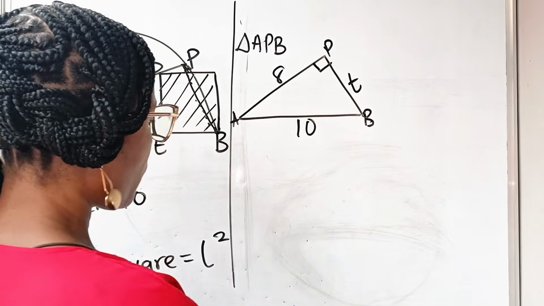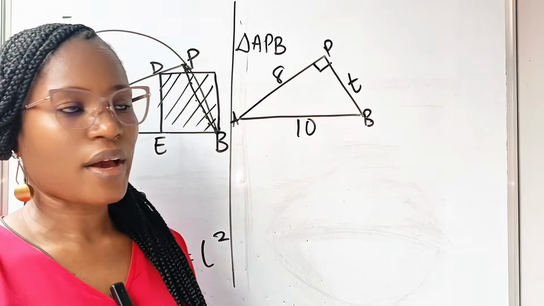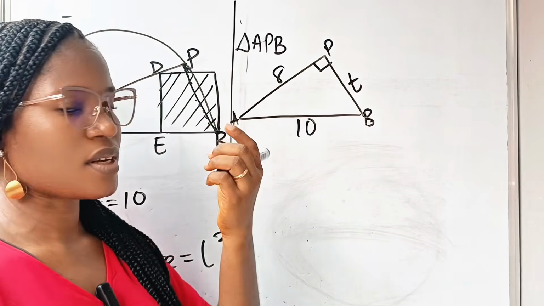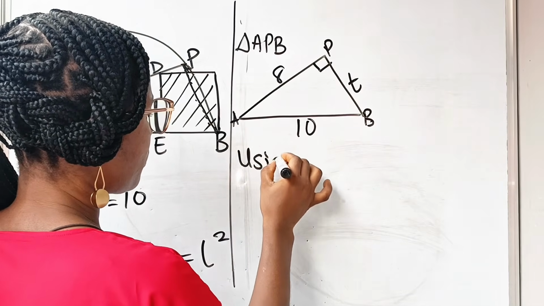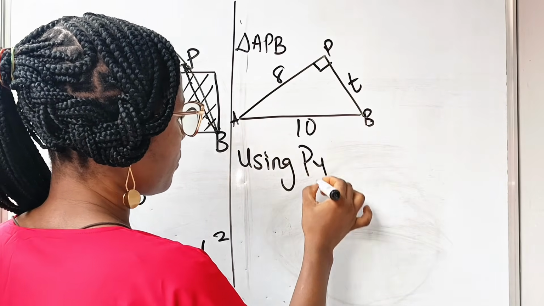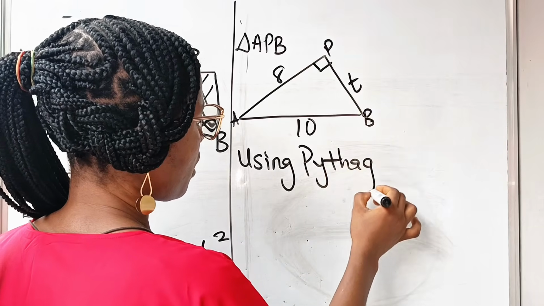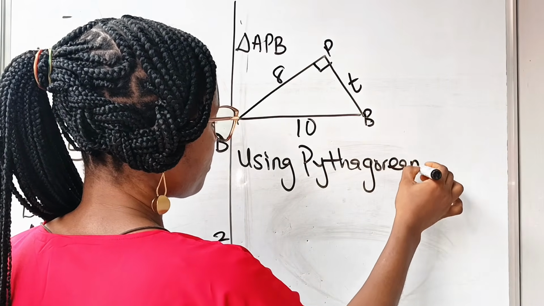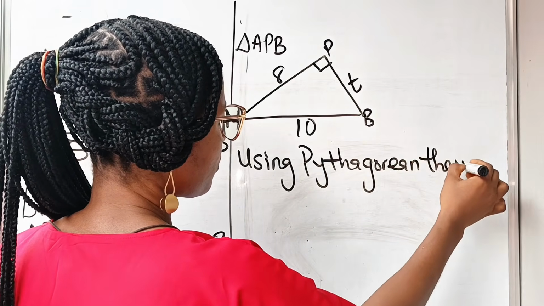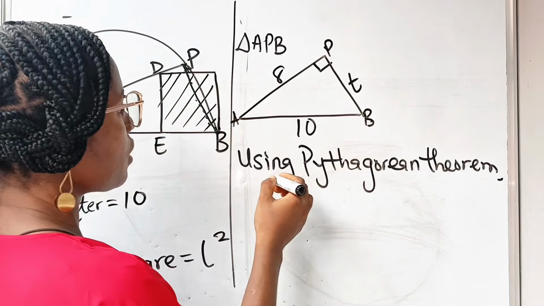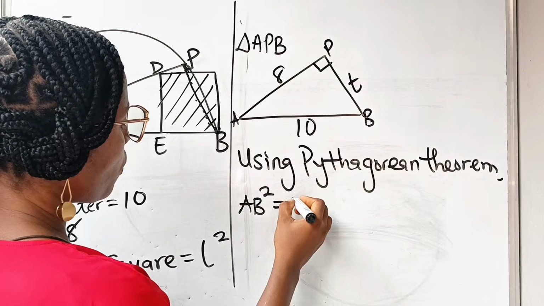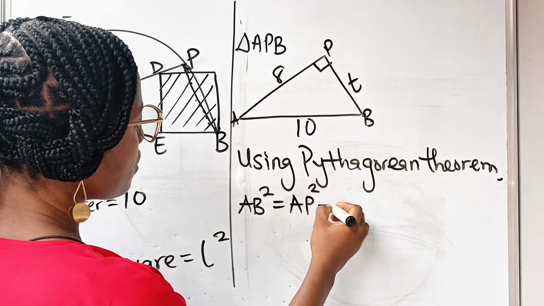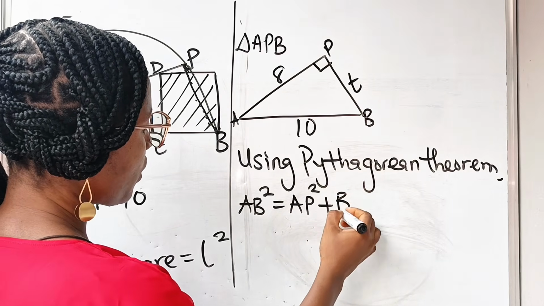Therefore, we can find T using the Pythagorean theorem. We can say AB squared will be equal to AP squared plus BP squared.